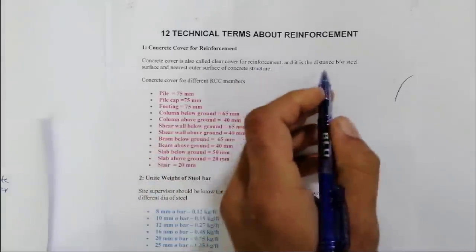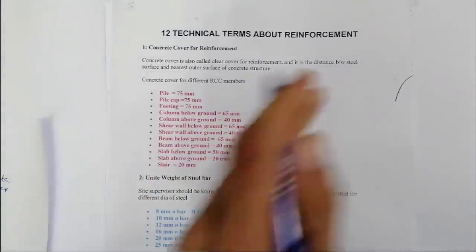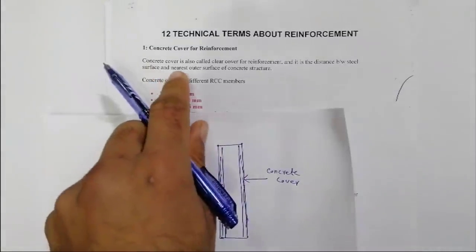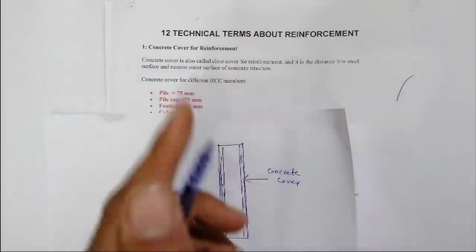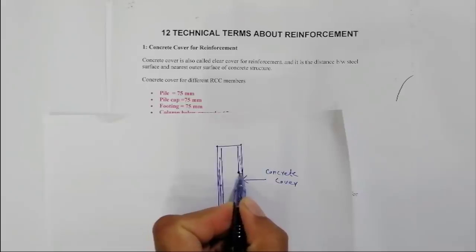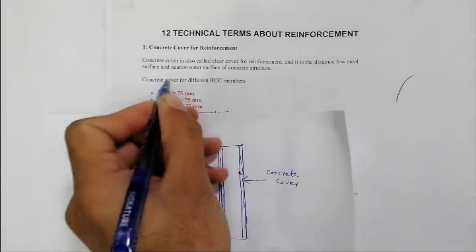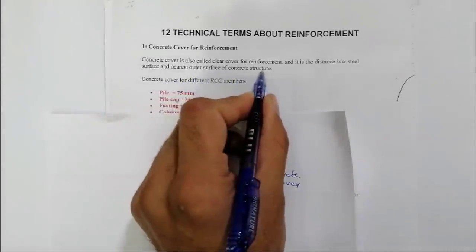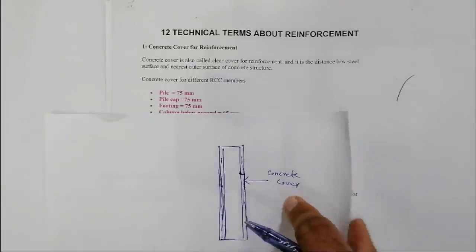I've already discussed that it is the distance between the steel surface and the nearest outer surface of the concrete structure. So this is steel because these are longitudinal bars, and the distance between steel and the nearest outer surface of concrete is the concrete cover.